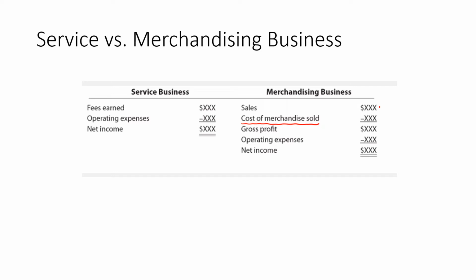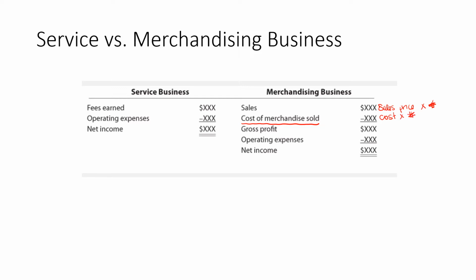That's the first step. Sales is calculated based on the sales price times the number of items. Cost of merchandise sold is based on the cost to the company when they initially purchased that inventory. So that's the cost times the number of items.